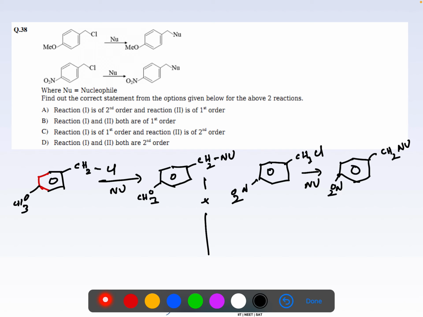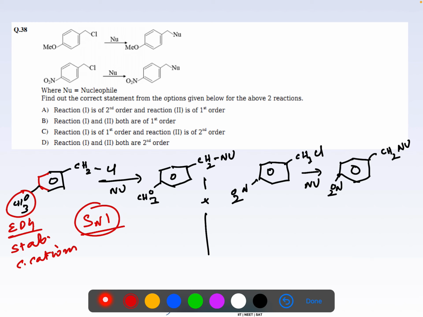So here, see here, OCH3 is an electron donating group. Electron donating groups stabilize carbocations. So this reaction will proceed through the SN1 mechanism. And SN1 reactions are first order reactions. Here NO2 group is an electron withdrawing group.